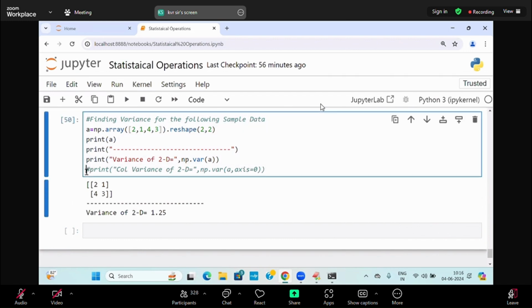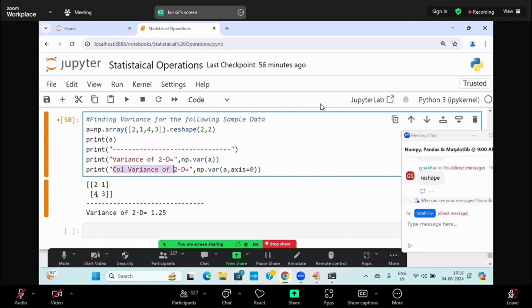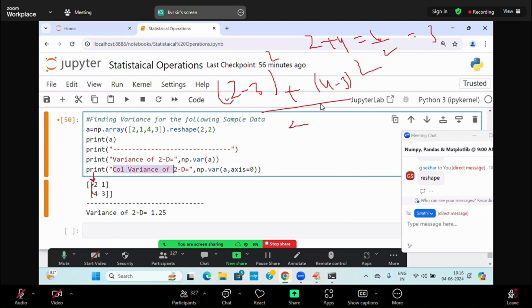Now I'm going to apply the column variance. What is the column variance now? First of all, is this a column or not? What I want to find out: 2, 4. The mean is 6 by 2, that is 3. The formula: 2 minus 3 whole square plus 4 minus 3 whole square, by 2.